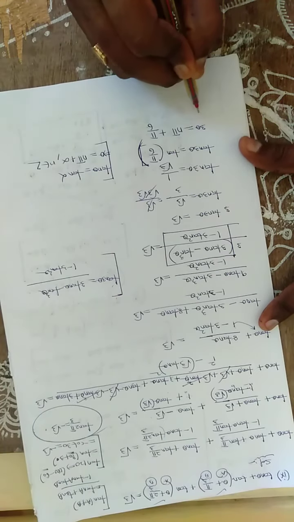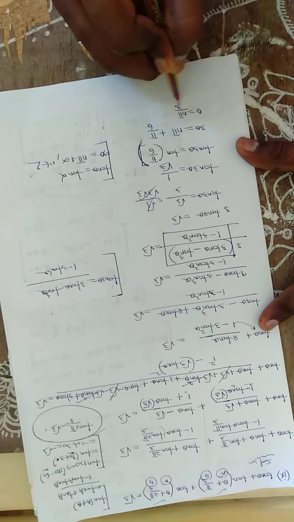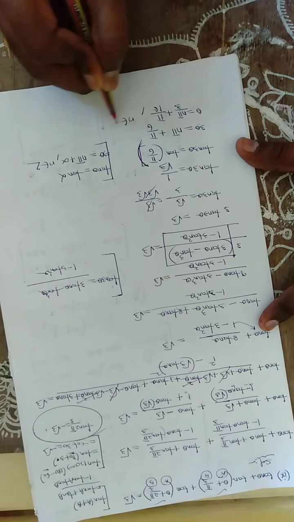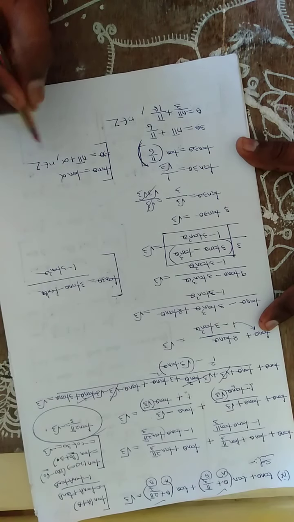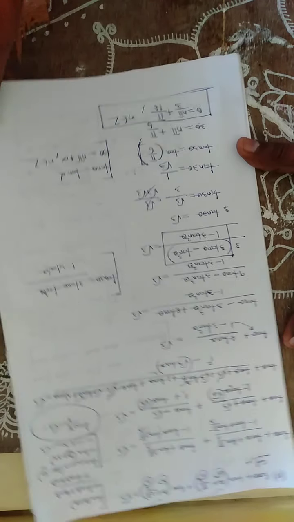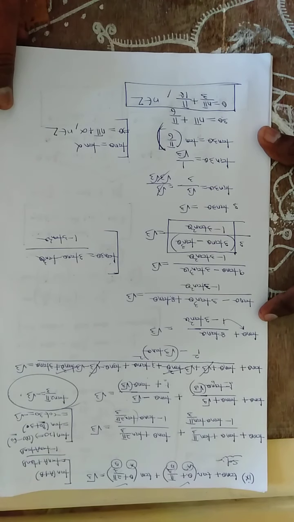Now 3 comes down: θ = nπ/3 + π/18, where n belongs to Z. So this is the required answer for this sum. It is a very big sum, but you need to do it very carefully.